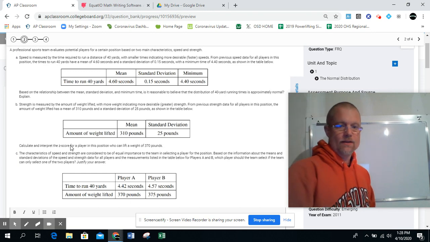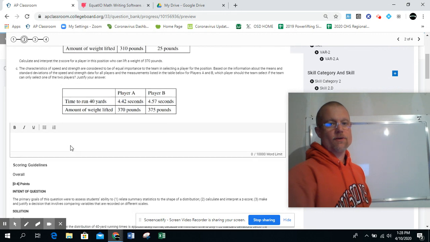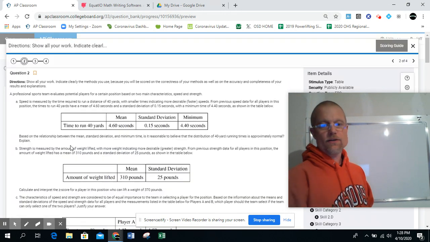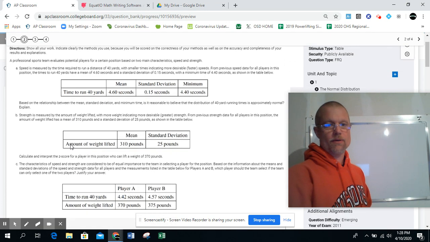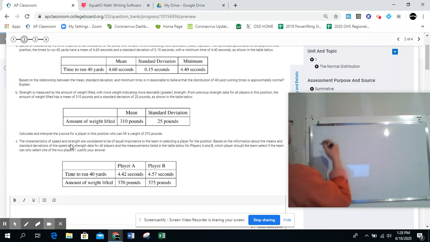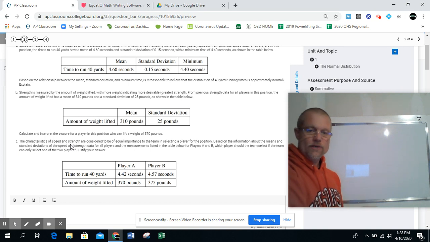All right, last one. So what they want here is for you to be able to tell who's really the best bang for your buck, player A or player B. So instead of having a time, in order to be able to do that, we have to determine how unique they are.